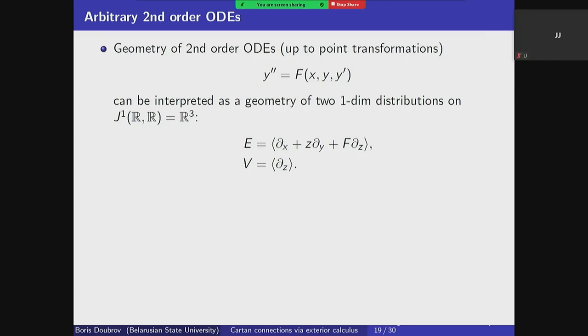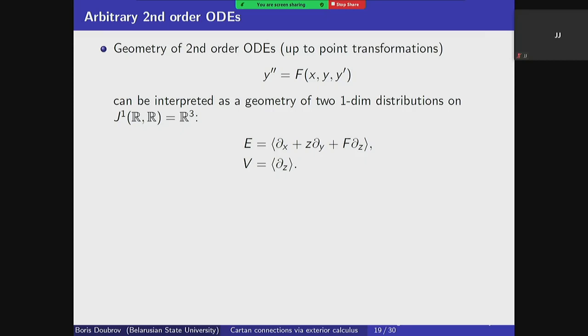Then it's guaranteed that a transformation that preserves contact planes and the vertical distribution is necessarily a lift of a local diffeomorphism of the plane to the first jet space. And the condition that it maps E_f to E_g exactly means that it maps one second-order ODE to another second-order ODE. So it's just encoding ordinary differential equations as geometric structures, in a way.